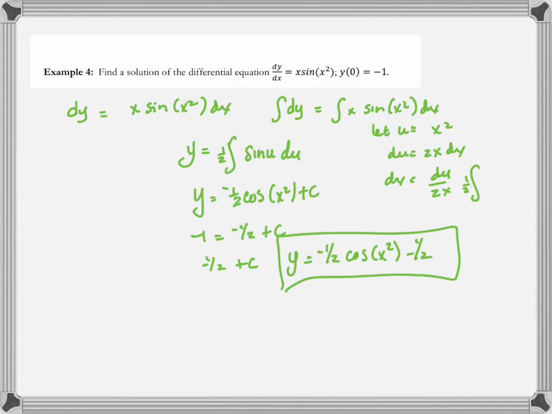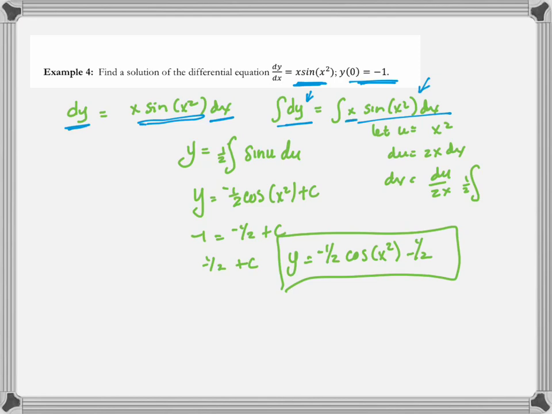Let's move on to number 4. It's a little more complicated. The differential equation gives you an initial value. There's no y, so you would just separate your variables as dy and then x sine squared x dx, and take the integrals of both sides. And this one is just going to be y, right? This one you're going to have to use u substitution, so it was pretty easy. You see this x.